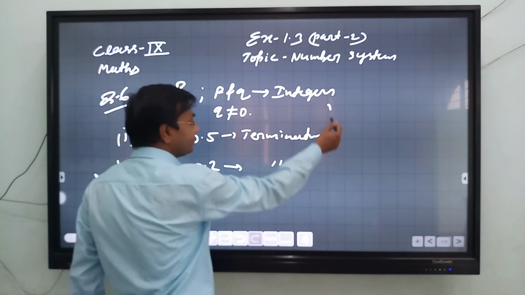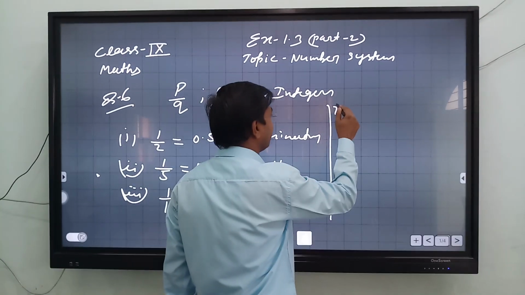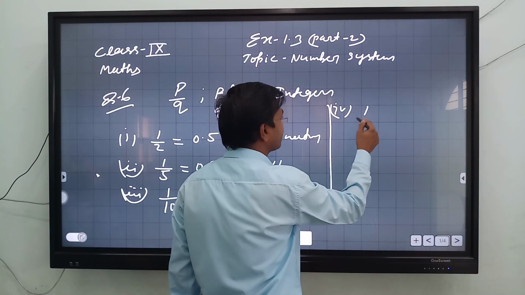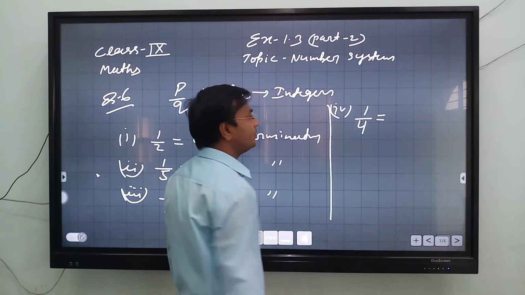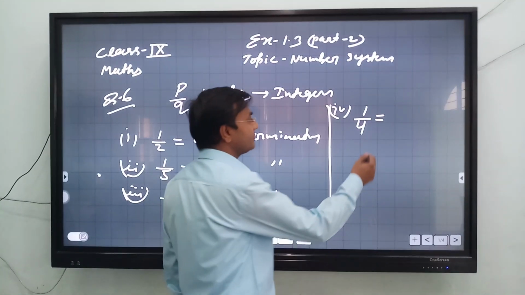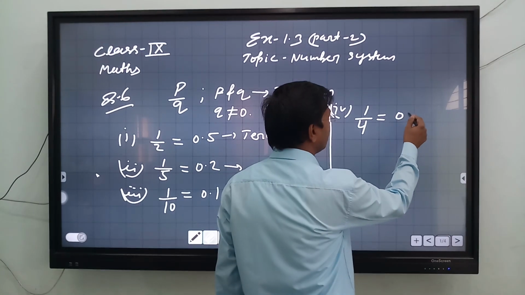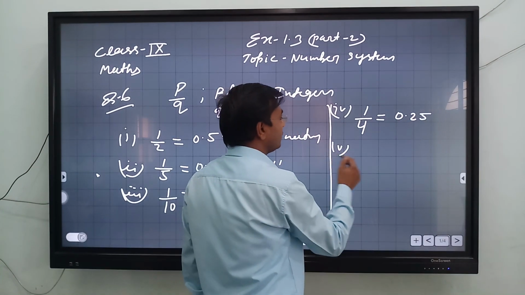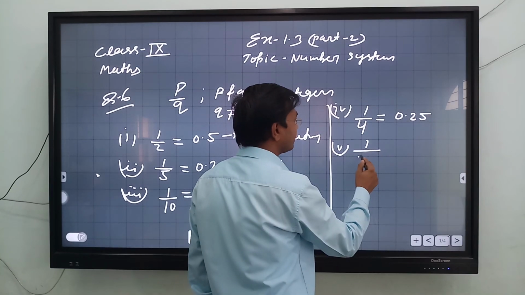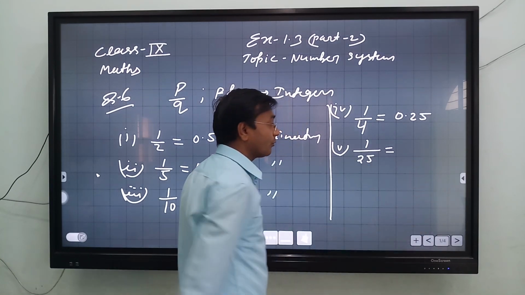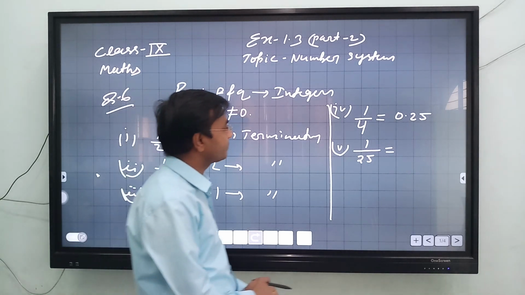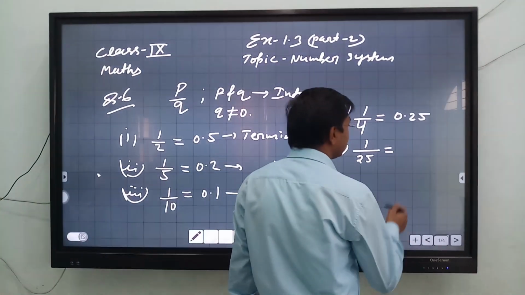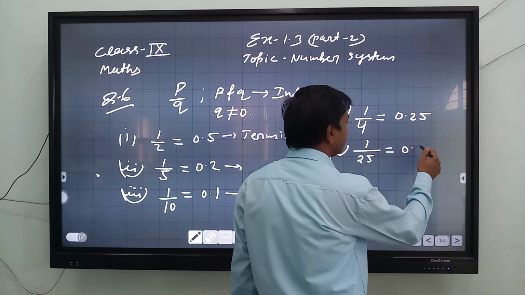Next, fourth example, as we have to write several examples, 1 by 4. So what I will get? 0.25. One more example, 1 by 25. So what do I get?